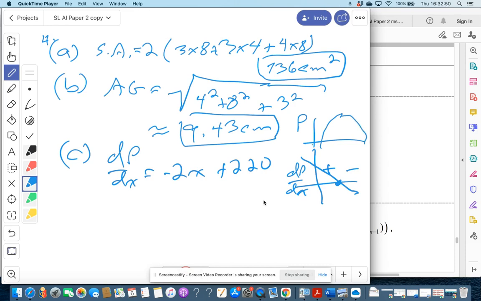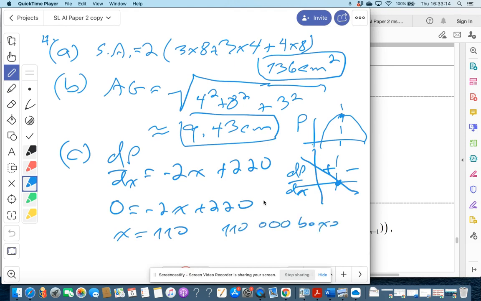We have a positive and negative gradient, so we can see that this is the maximum. So we set that equal to 0, solve this simple equation, and we get x is equal to 110,000. So 110,000 boxes will give us the maximum profit.